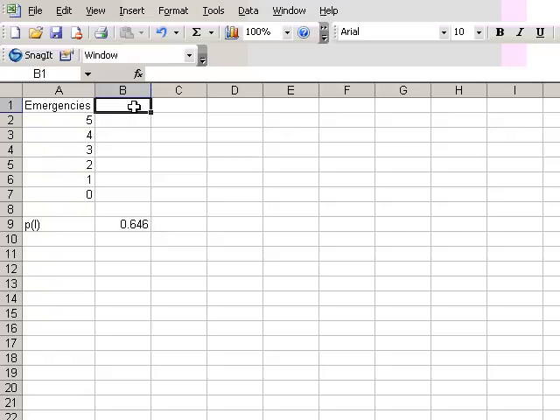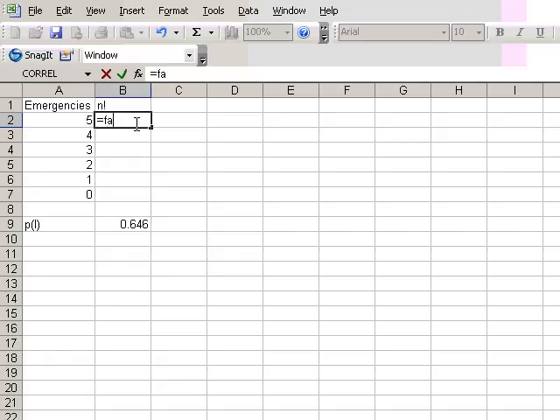There are 2 values we need to find to calculate the number of different ways. The first is n factorial, which is the numerator of the formula in 5.7. So here I'm going to put n factorial, which will be the numerator, and that will be equal to FACT, and in this case n is 5.